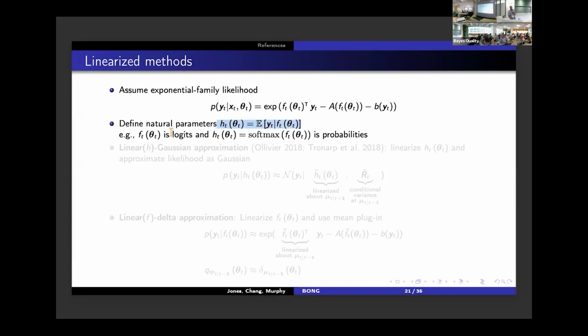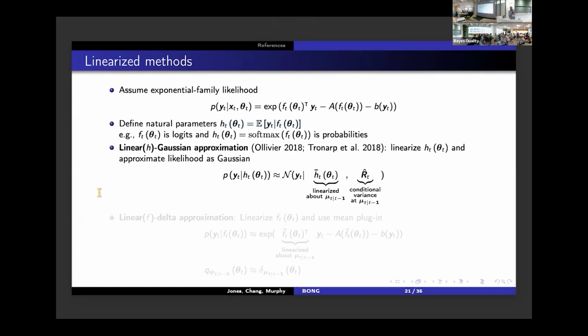And this is totally standard in machine learning, right? For example, if you're doing classification, your neural network is outputting the logits, which are the natural parameters of your categorical distribution. And then when you have a softmax layer that sits on top, those are the probabilities, those are the dual parameters. So softmax of the natural parameters is the dual parameters. So we can think of f as the output of one layer, and then h is just after we apply softmax.